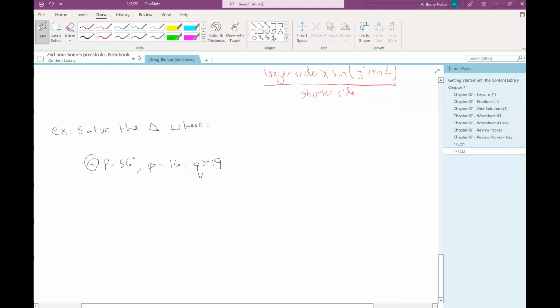Okay. So let's start by drawing our picture. So we have angle P. If we have a side Q, we also need an angle Q. And then I guess we need to pick another letter. I would reasonably pick R because the alphabet.